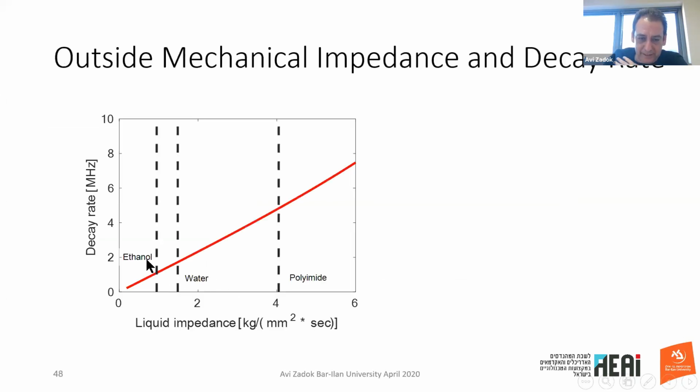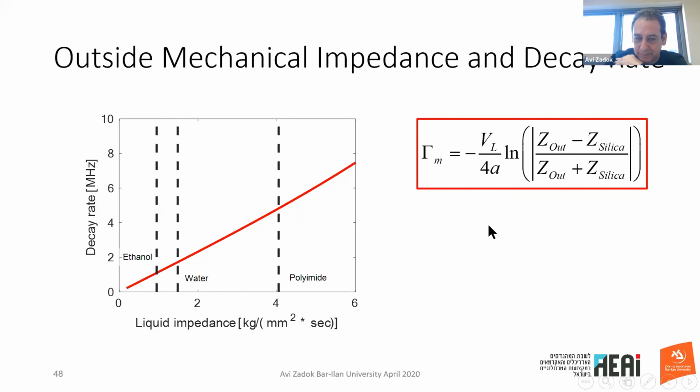To quantify this, we can predict the decay rate as a function of mechanical impedance, as a function of the properties of the outside medium. This will be so many megahertz if we place ethanol or water or polyimide outside.